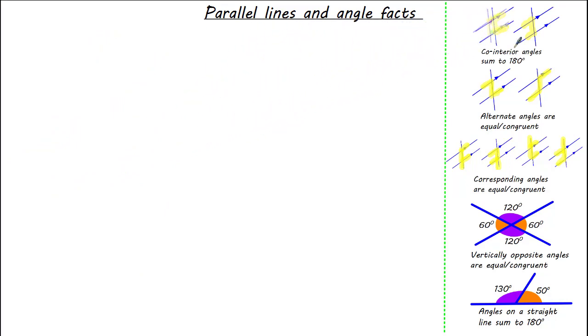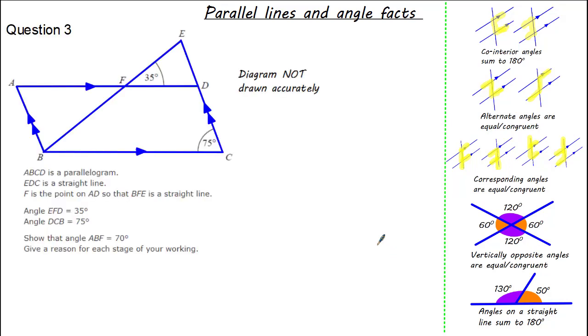We now have 5 of our angle facts, so let's see how we can apply them to another past exam question. Notice it states that the diagram is not drawn accurately, therefore we must calculate and not measure the angles with a protractor. The question states ABCD is a parallelogram, where EDC is a straight line, and F is on the point AD, so that BFE is a straight line.